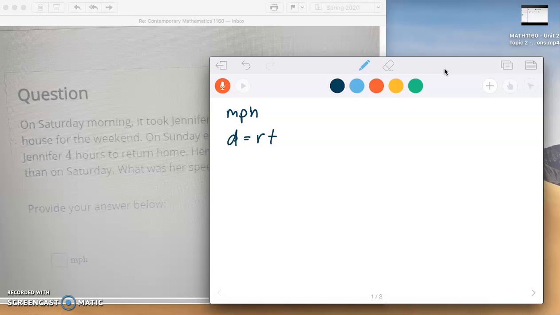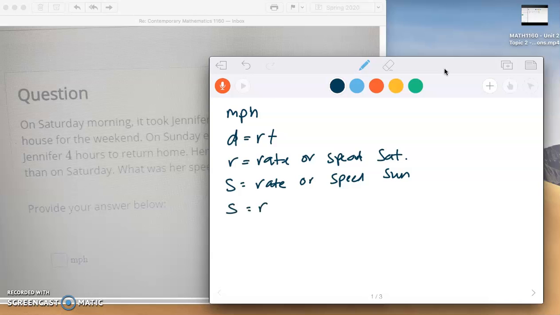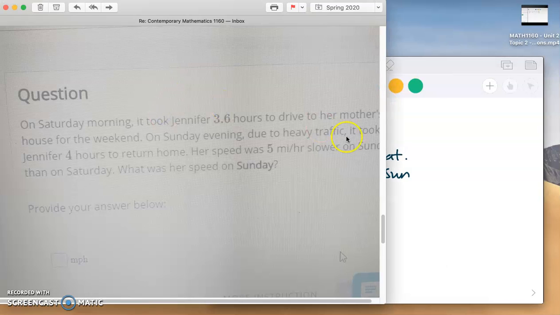We're going to let r equal the rate or speed on Saturday, and we're going to say s equals the rate or speed on Sunday. That way it's a little easier to follow. So we know that s equals r minus 5 miles per hour, right?